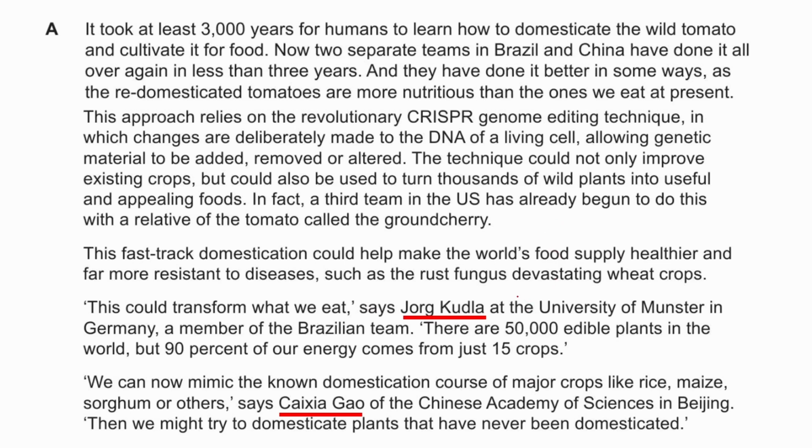So the first name is in paragraph A, Kudla. This could transform what we eat. So the information about him is before that. And after that, we also have some information about him. Then in the last line, we have Gao. I'm not sure if I'm pronouncing those names correctly or not. They're proper nouns.